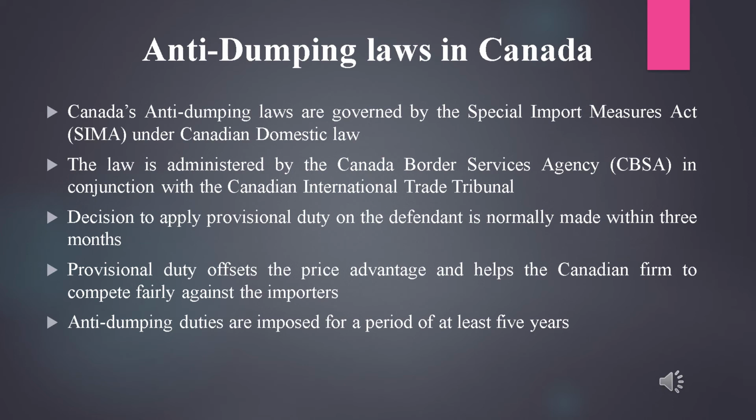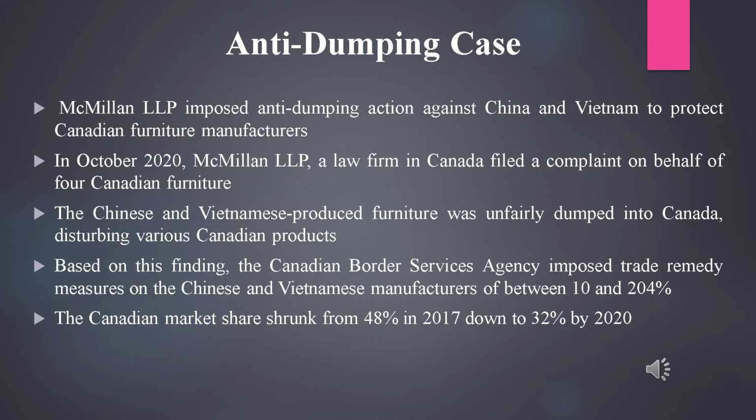It must also provide evidence relating to the dumping or subsidizing of the imported goods and the resulting injury to the Canadian industry. In other words, if proof of the claim is provided, then a provisional duty may be applied following a preliminary decision by the tribunal that injury by the dumping or subsidizing of imports has occurred. Anti-dumping duties are normally imposed for a period of at least 5 years, after which they are reassessed.